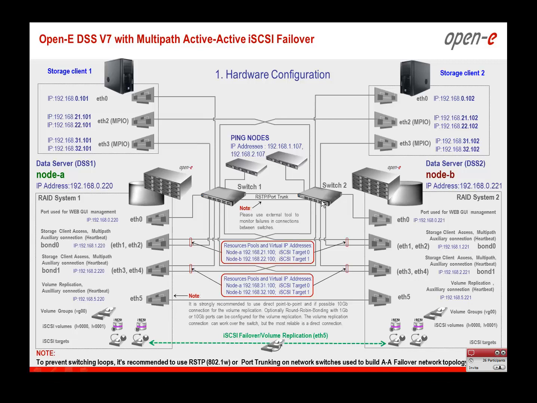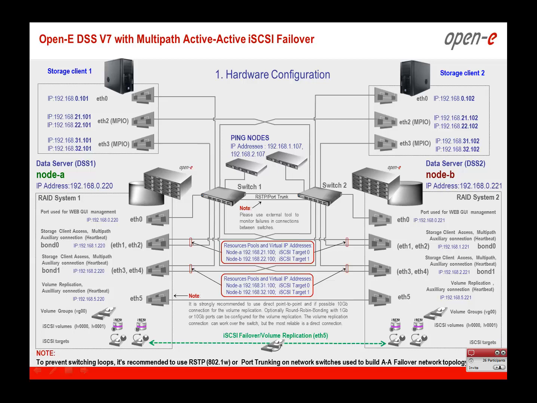Okay, so we have it here on node B. Because we start active on node B, that will be 2200 pointing to target 1, and the 3200 pointing to target 1 on the bond 1.